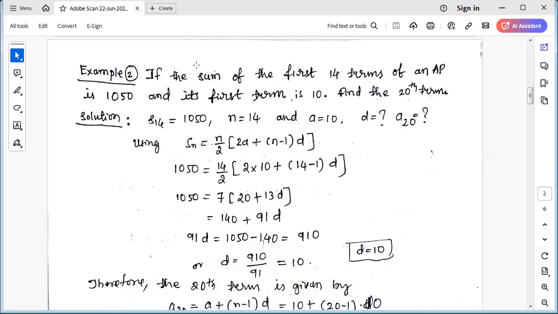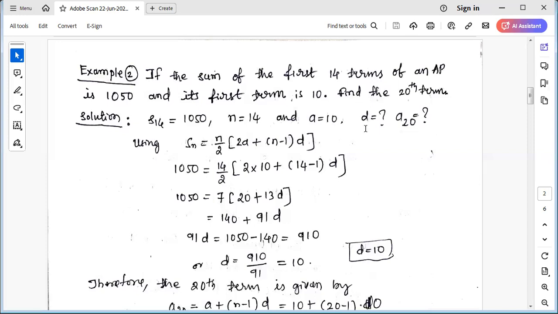Here, if the sum of the first 14 terms of an arithmetic progression is 1050 and its first term is 10, find the 20th term. So this is the problem. The sum of the first 14 terms is given, that is 1050, and the total number of terms is 14, so n is equal to 14, and the first term a is 10.